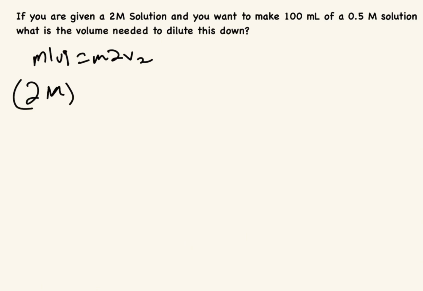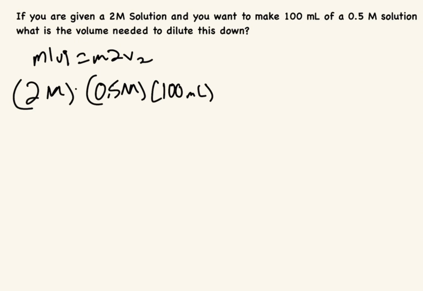And it says we want to make 100 milliliters of a 0.5 molar solution. What is the volume needed to dilute this down? So 100 milliliters directly corresponds to 0.5 molar. Therefore, since the 2M has no volume with it, we're going to put 0.5 M over here, that being our concentration 2, and then 100 milliliters goes right next to it, and that will be our volume 2.